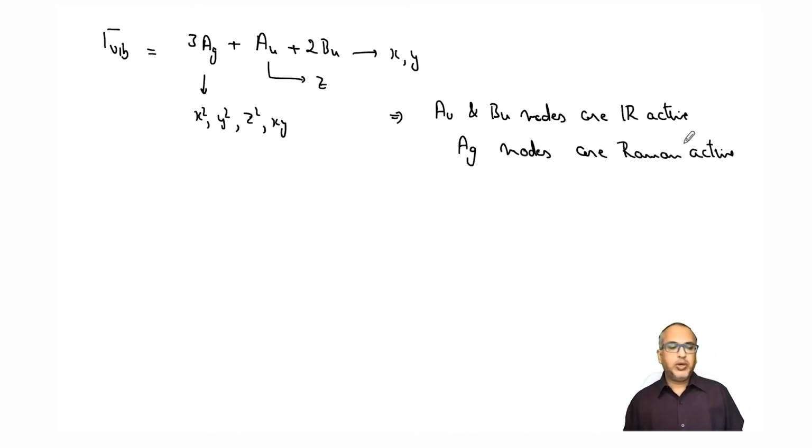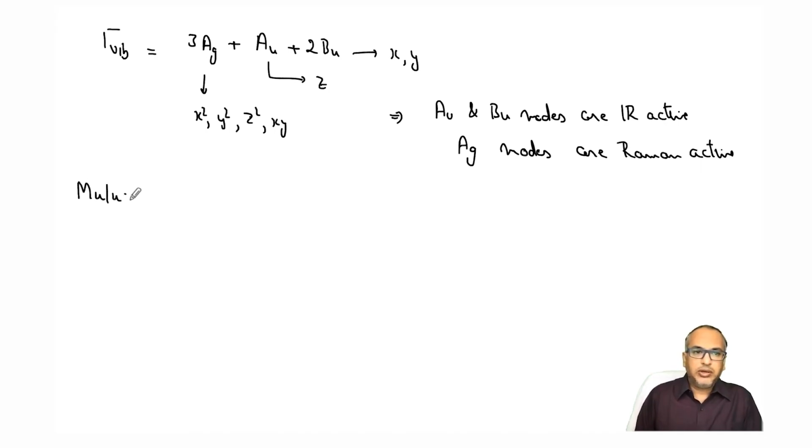So now there is a mutual exclusion between IR and Raman. So whatever modes are IR active, those are not Raman active, and whatever modes are Raman active are not IR active. So this is very important in IR Raman spectroscopy. So what is this mutual exclusion rule? This is the last principle, and then we'll wind up this course.